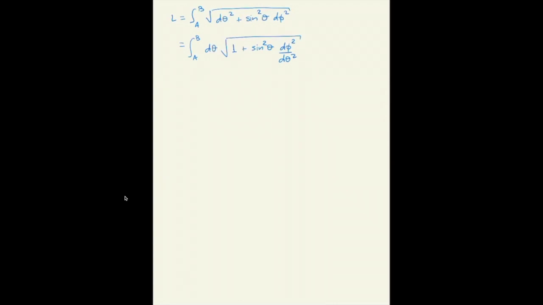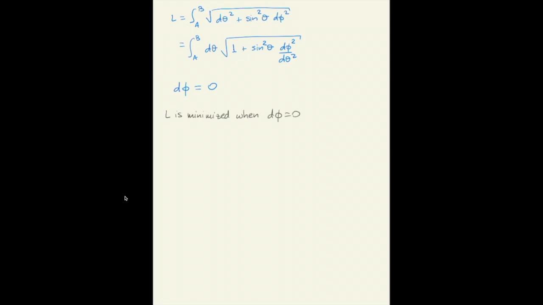Immediately, you can see that this integrand is going to be minimized when d phi is equal to 0. So already you see here, L is minimized when d phi is equal to 0.